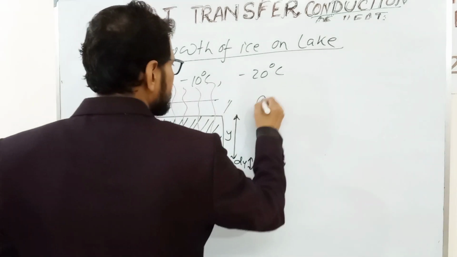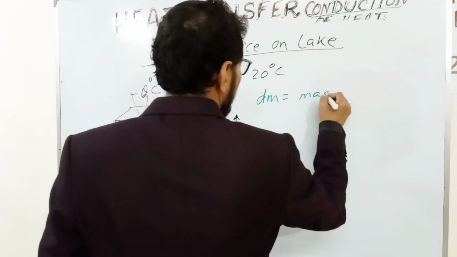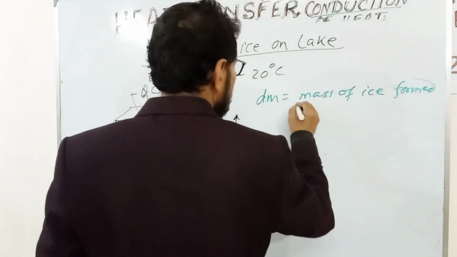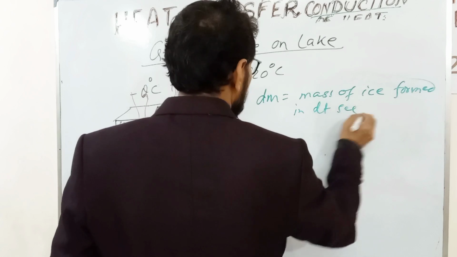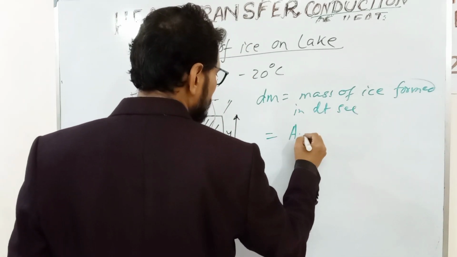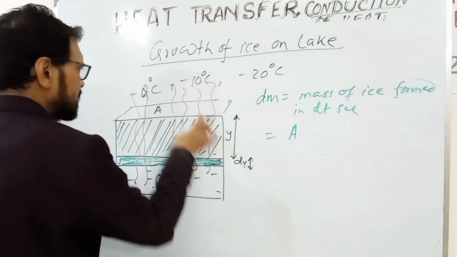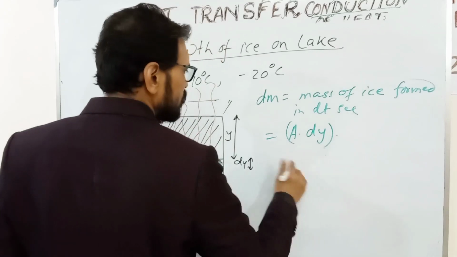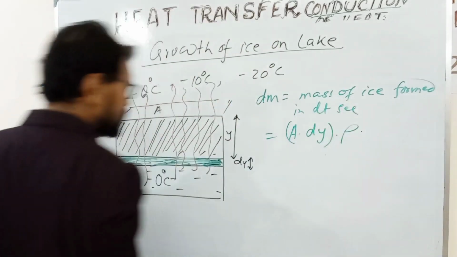Suppose this dm is the mass of ice formed in dt second. Now what is the mass? Mass equal to volume into density, where volume equal to area into length. Area is A and length is dy. This is the volume into density. Rho is the density of the ice.